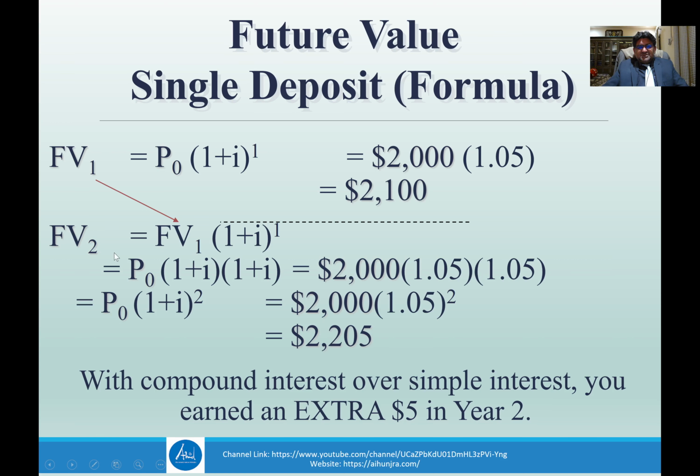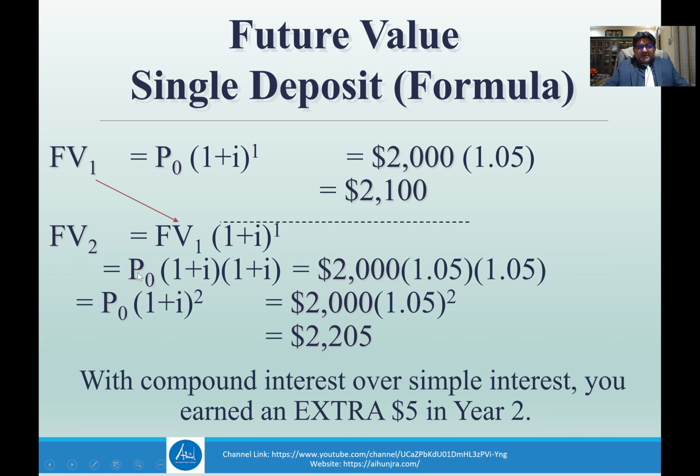the future value of 2 years is the future value of 1 year, that is $2100, multiplied by 1 plus I raised to the power 1. Why this value? The future value of 1 year has already been done here. Or you can go for this approach.